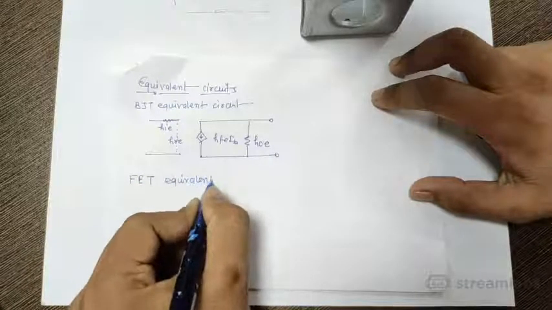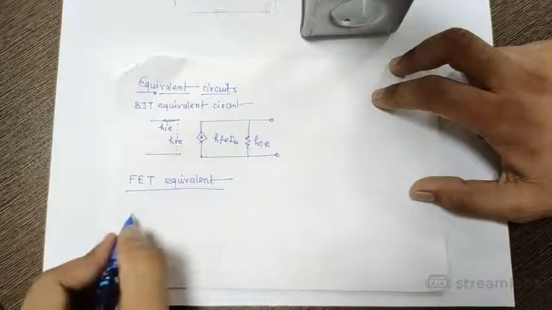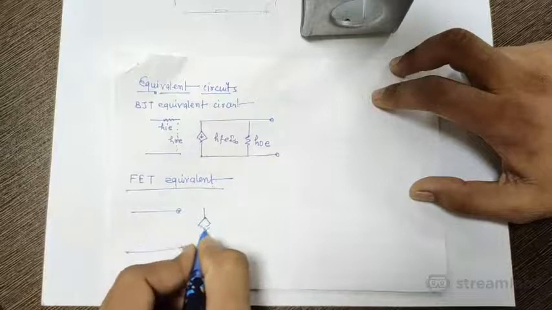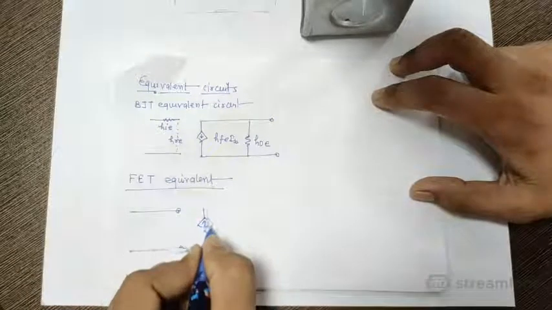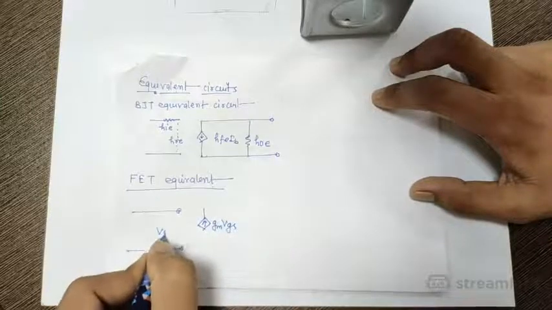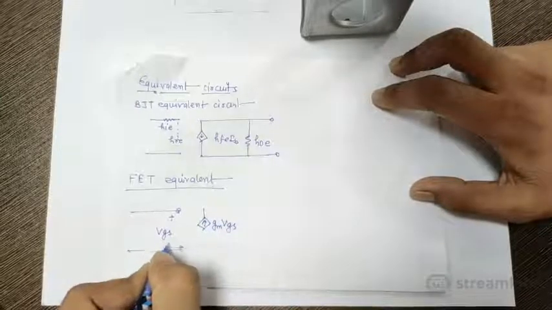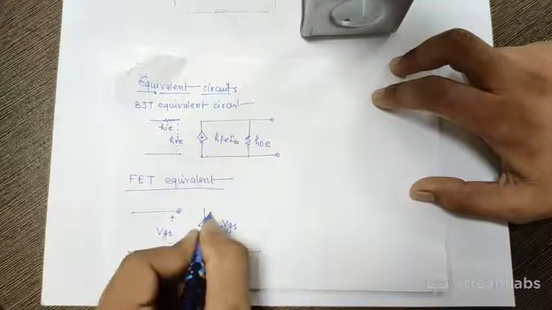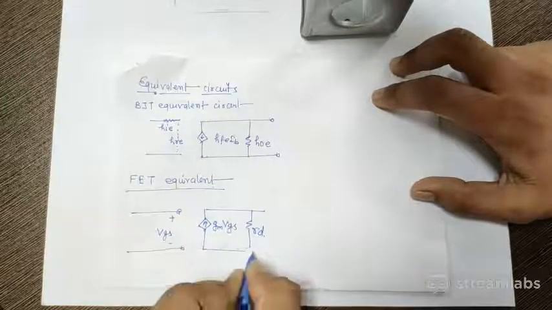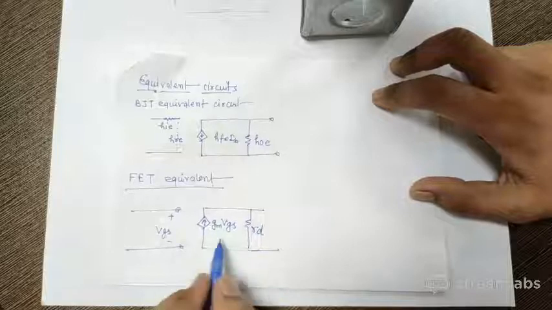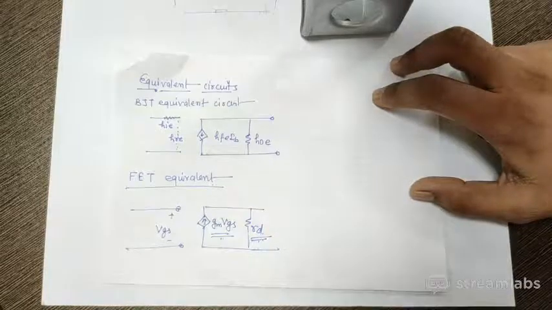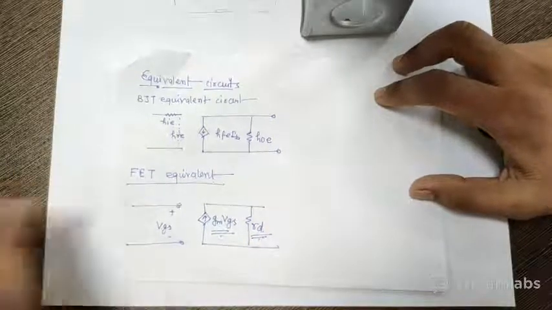I am just revising this so that you will be able to recall your understanding about the equivalent models of BJT, and this is VGS. This is the FET equivalent model. gm into VGS comes here, and drain resistance RD comes here.